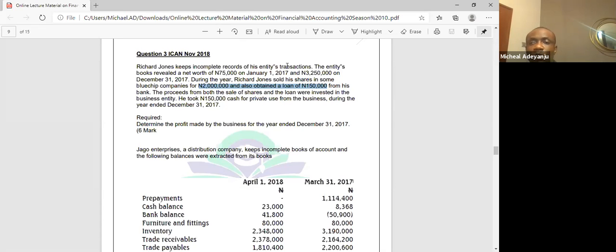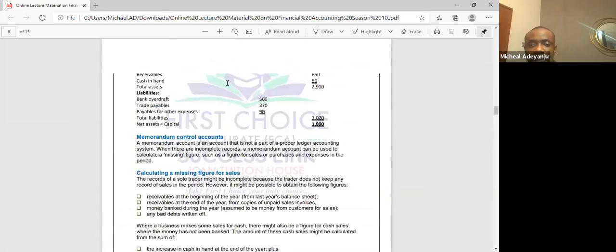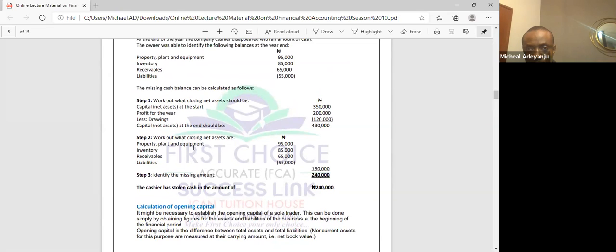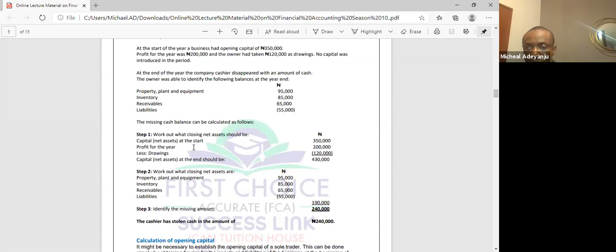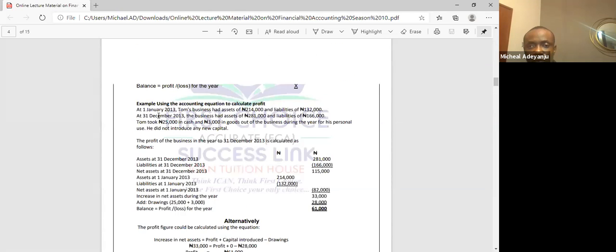So this is your net assets for the closing period, and net assets as at the opening period. By the time you subtract these two, the difference, you add back your drawings, then you less your capital introduced, if you still remember this formula.